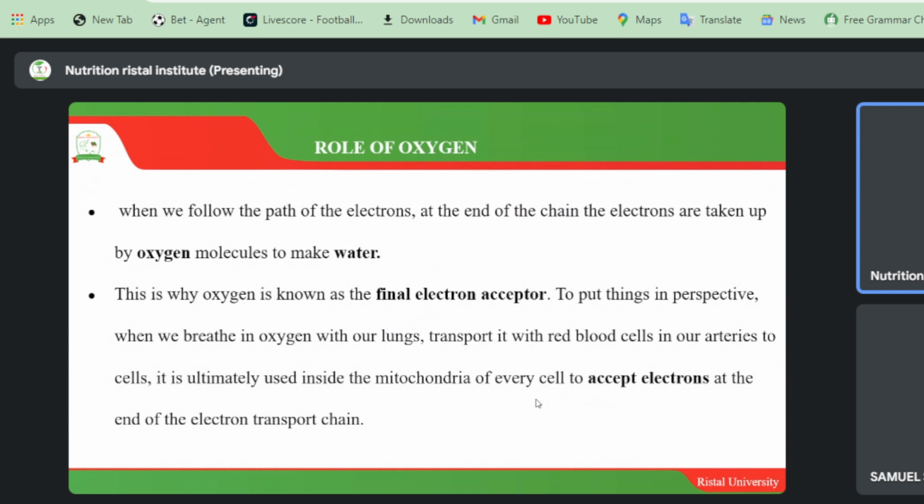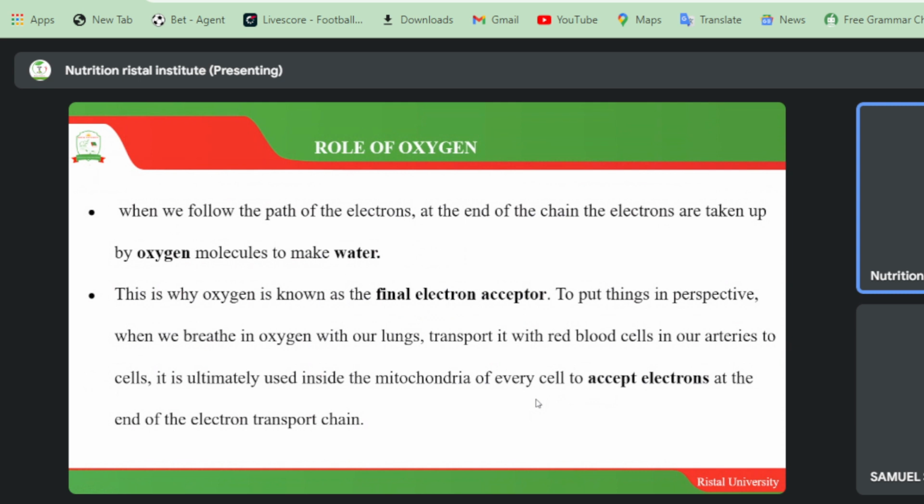Just to put things into perspective, when we breathe in oxygen with our lungs, it is transported by the red blood cells into our arteries and to the cells, then ultimately used inside the mitochondria of every cell to accept electrons at the end of the electron transport chain.